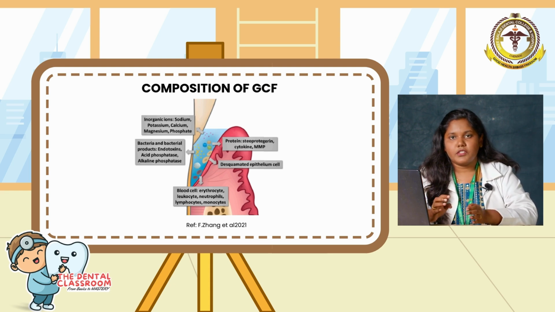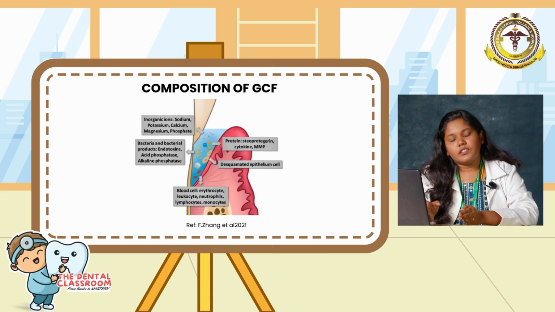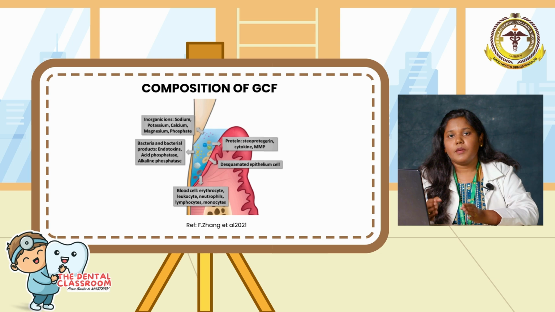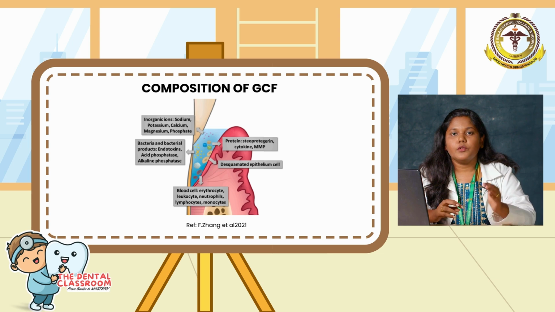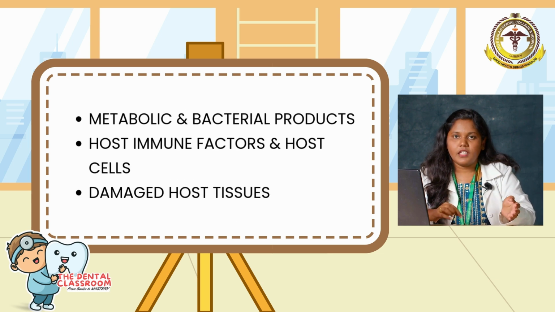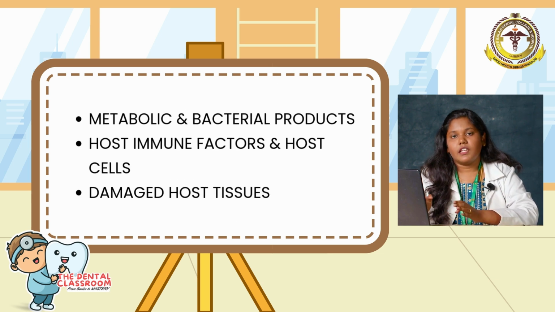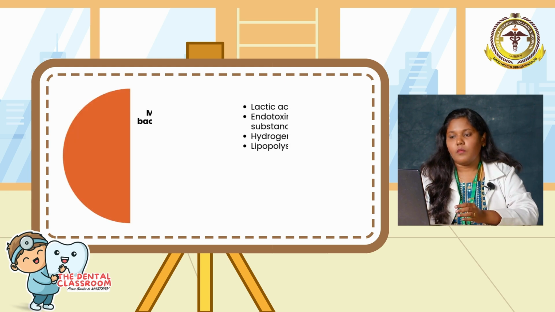Naturally your gingival crevicular fluid and the saliva also have certain antimicrobial peptides also. So when we are going to see about the composition, you can divide it into bacterium and its byproducts, and your host immune cells and the damaged host tissues. So we are going to see the composition.